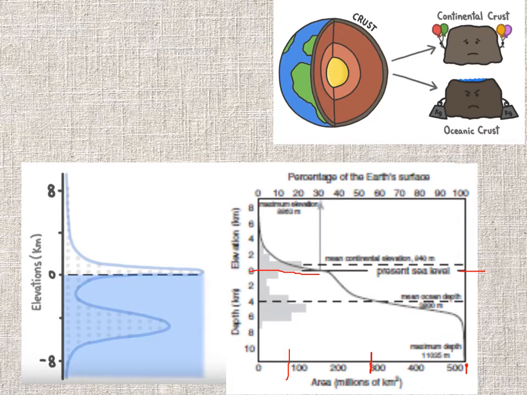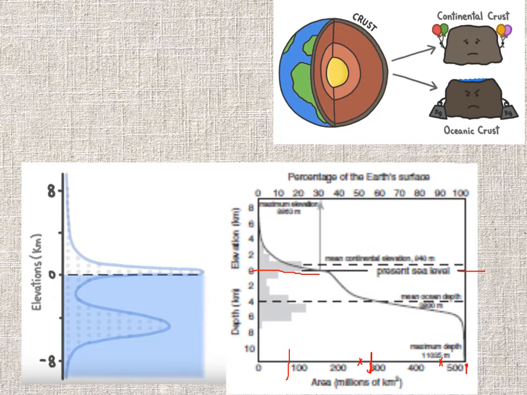Suppose these two points give you the exact same value. It may occur that this point and this point give you the exact same depth value. Suppose this gives you 5 kilometer depth, this also gives you 5 kilometer depth. This value gives you 3 kilometer height, this value also gives you 3 kilometer height.